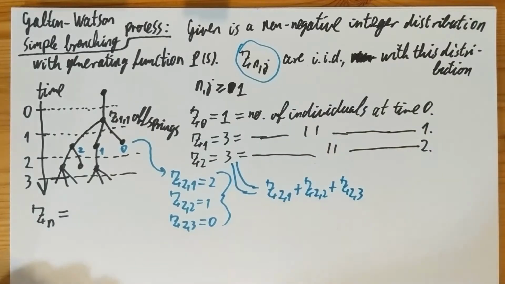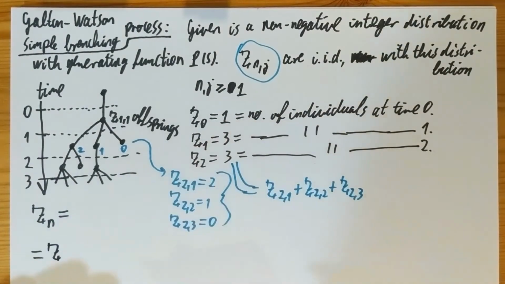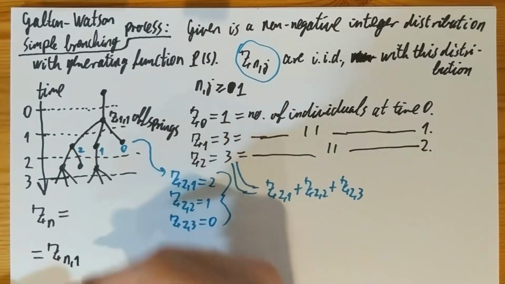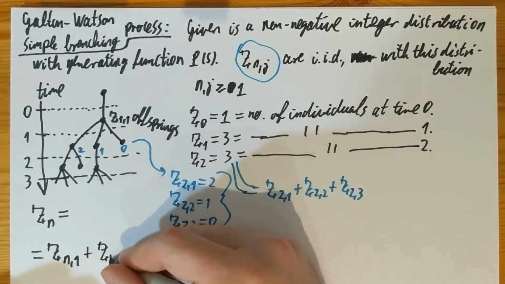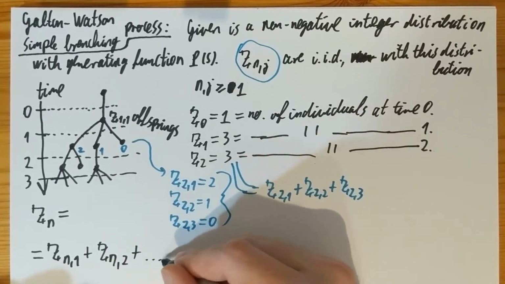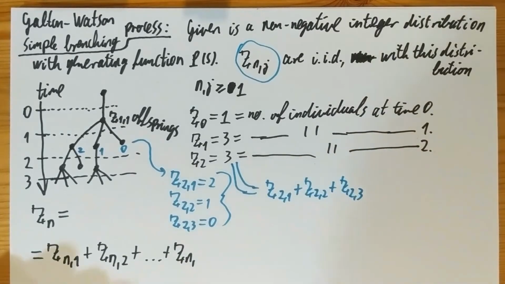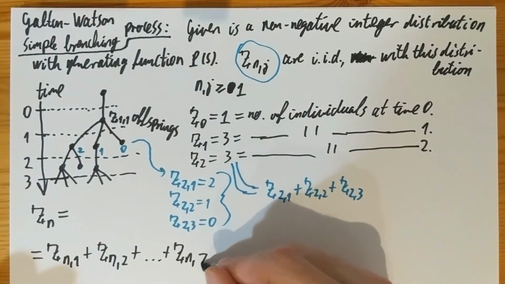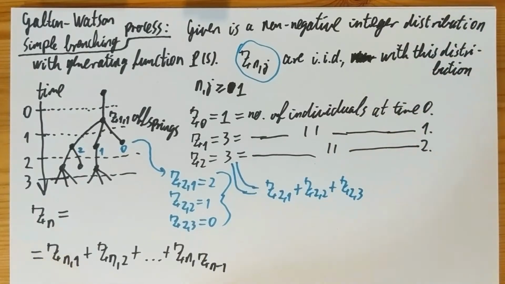So in general, if I want to find out the number of amoeba at time n, then what I need to do is look at the number of offsprings for the first individual at time n minus 1, the number of offsprings for the second individual at time n minus 1, and go all the way up to the total number of individuals at time n minus 1, which is Z_{n-1}.